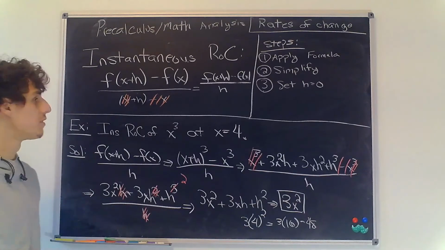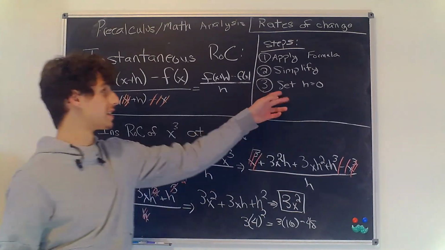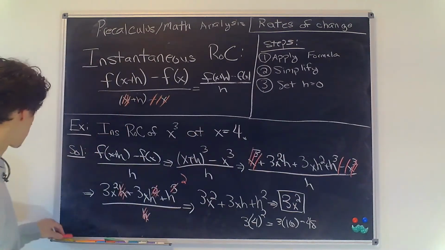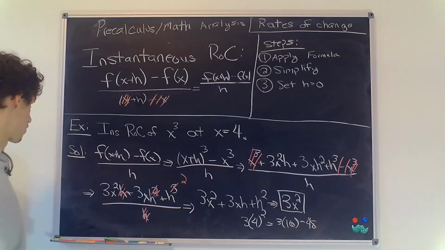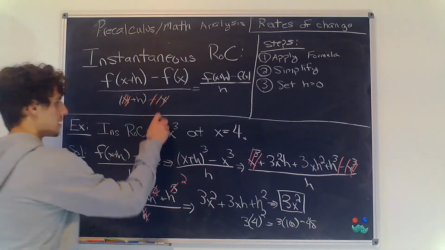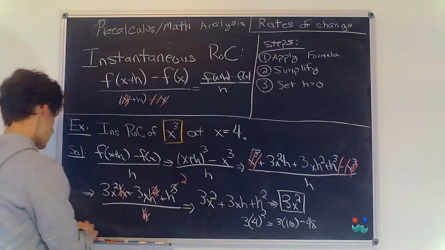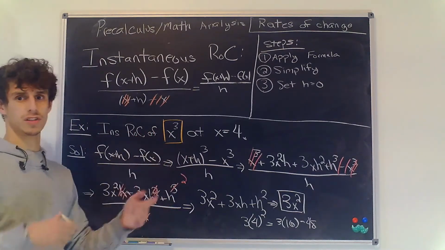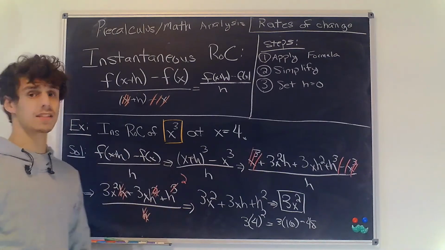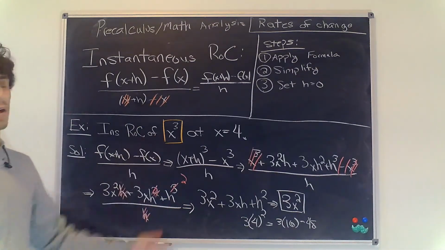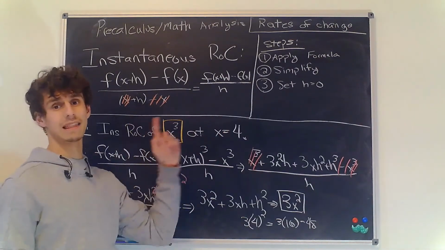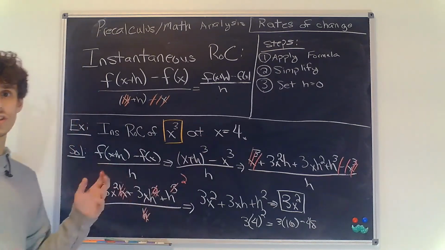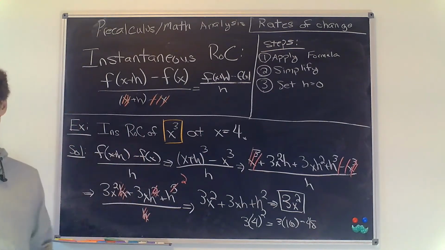Now before we finish the video, I just want to make a comment about this setting h equal to 0. This only works if the function that we're working with, in this case x cubed, is a polynomial, or a function made up of these power functions, so x, x squared, x to the 6th, something like that. If this function is not a polynomial, you have to do something called taking the limit as h approaches 0, which is kind of what we did on the graph.